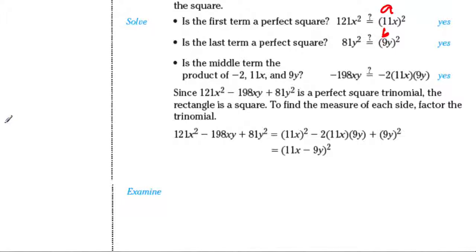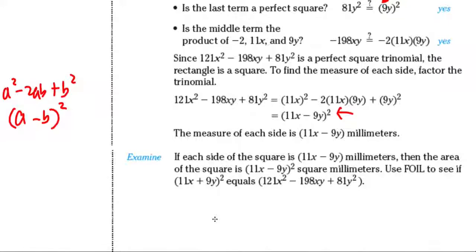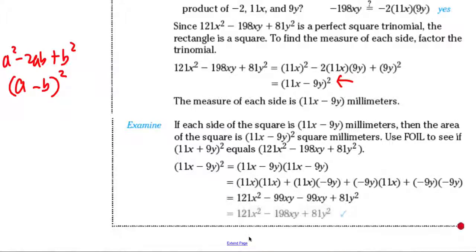If we have a squared minus 2ab plus b squared, which is a perfect square trinomial, you simply get the a and the b, put them in parentheses, and square them. And that's exactly what we did here. So the measure of each side is 11x minus 9y millimeters. And if we want to check if our answer makes sense or not, we simply use the FOIL method, and we find that the answer checks out.